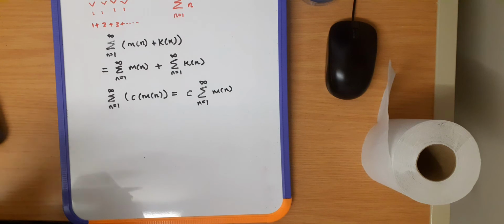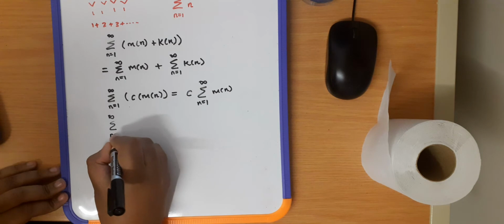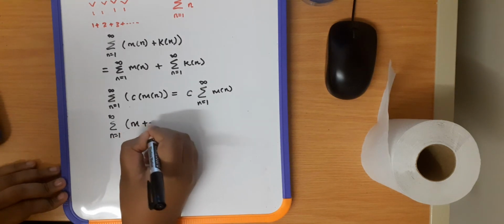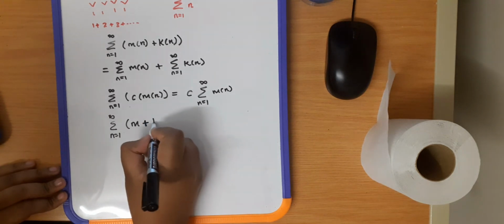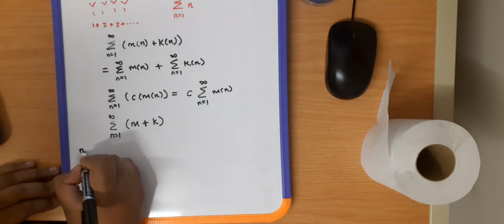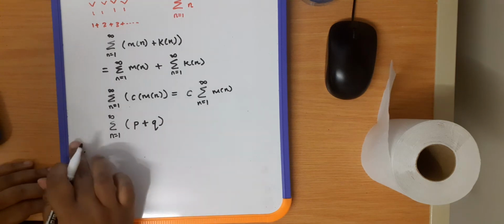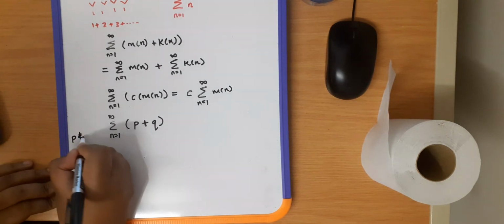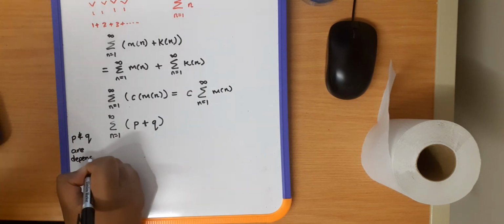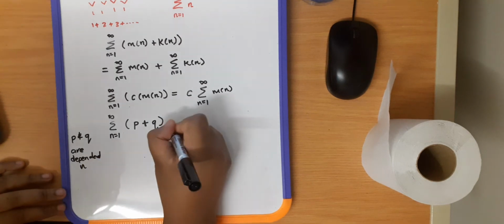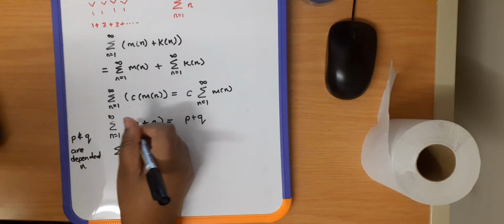We can have the series of m plus q. Let me use p and q, where p and q are not dependent on n. This is just p plus q, because these are constants.